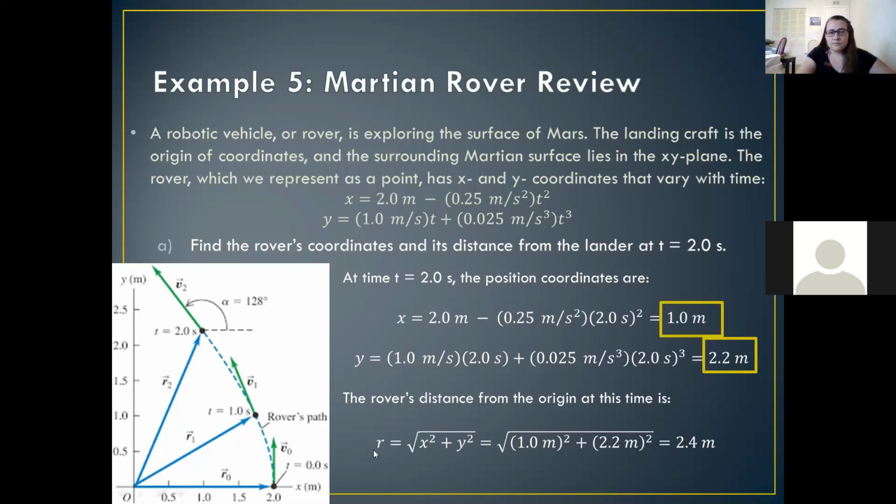So the magnitude of our displacement vector, or the distance, is the square root of our x component squared plus our y component squared. And our x component, or our x coordinate, was 1. Our y component was 2.2. So that gives us a distance of 2.4 meters from our lander.